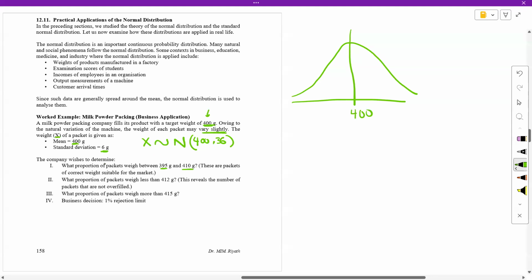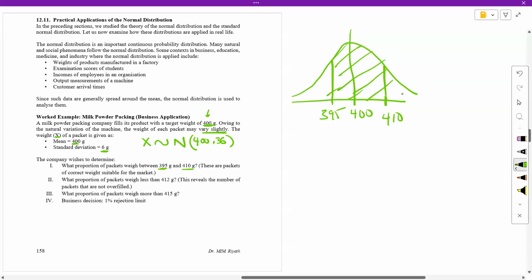Now we want to find the probability between 395 and 410, somewhere here. So the area under the curve equals the probability.